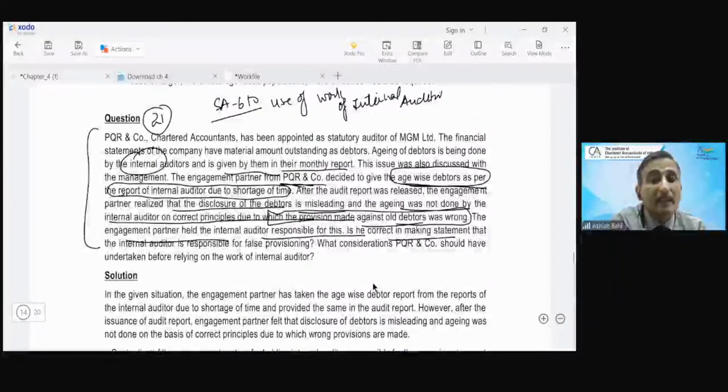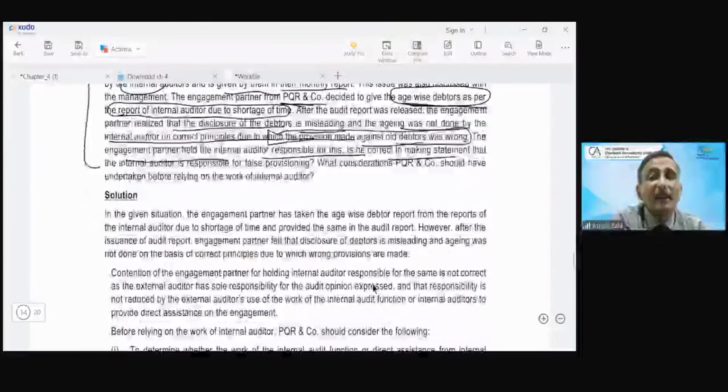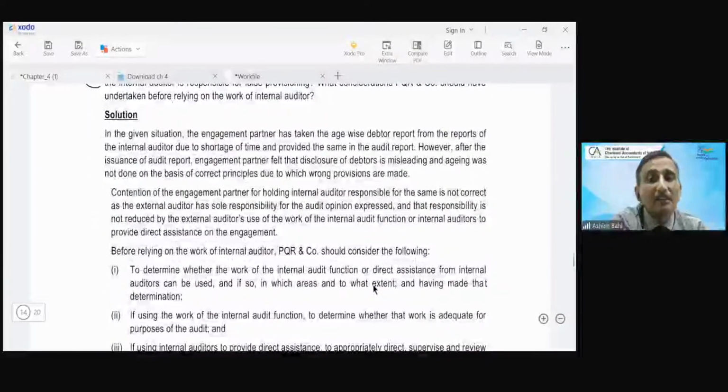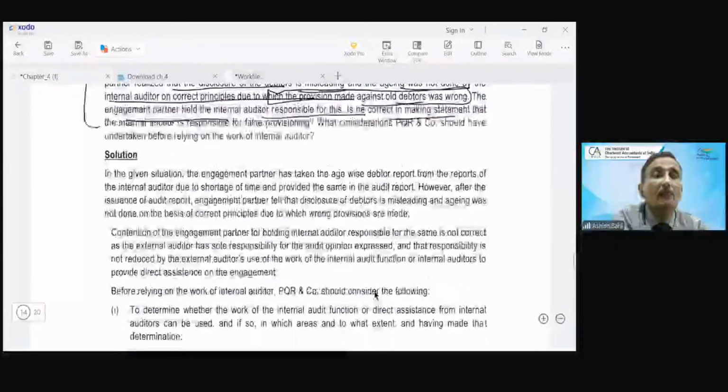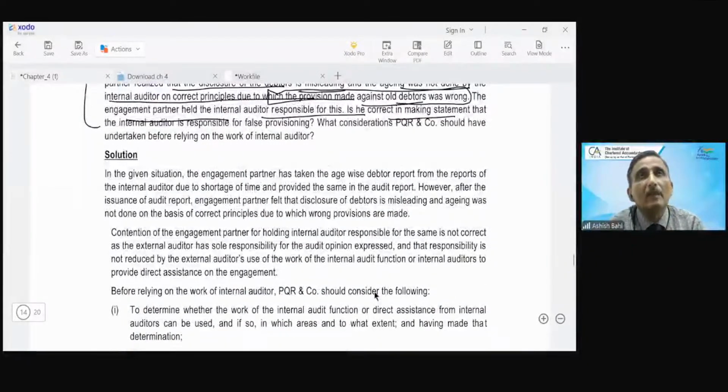You have to understand that the opinion on the financial statements is ultimately expressed by the external auditor. He has to see whether he has to rely upon the work of the internal auditor or not by test checking some of his work. It is his decision.